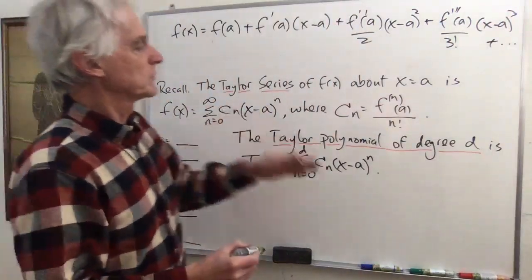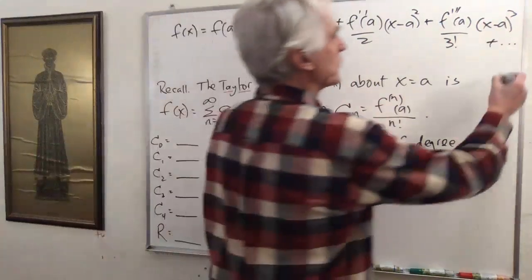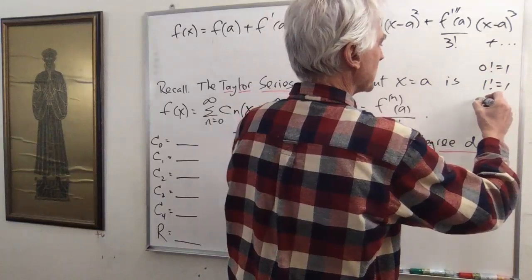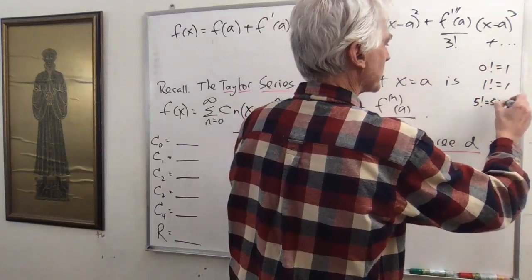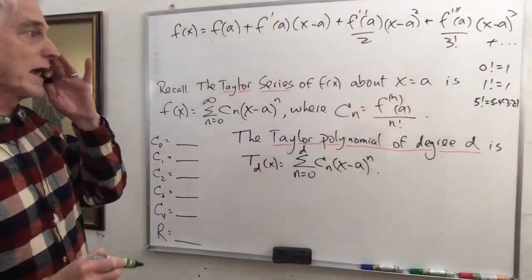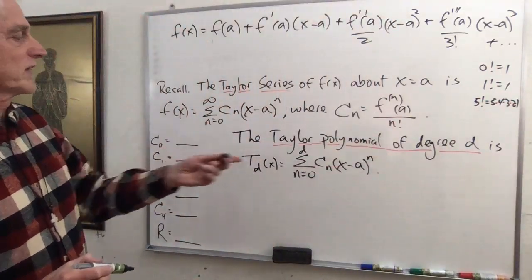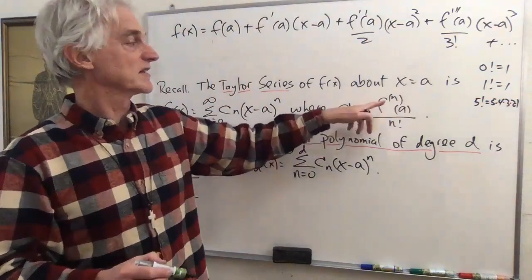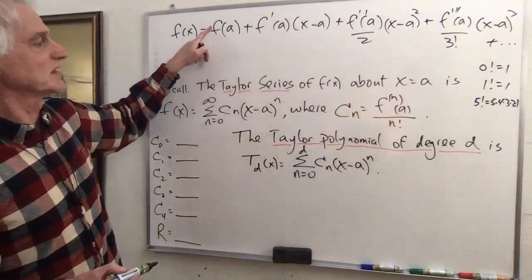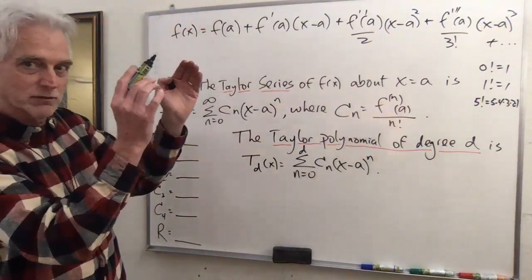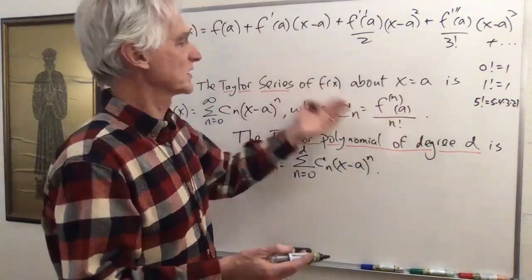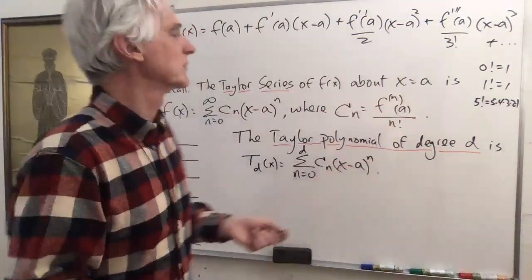Remember, to get that, you have to remember that 0 factorial is 1 and 1 factorial is 1, and then something like 5 factorial is 5 times 4 times 3 times 2 times 1. The other thing that is maybe not clear is that the 0th derivative of the function is just the function itself. So this is actually f super 0 evaluated at a over 0 factorial, and that's just the function divided by 1.